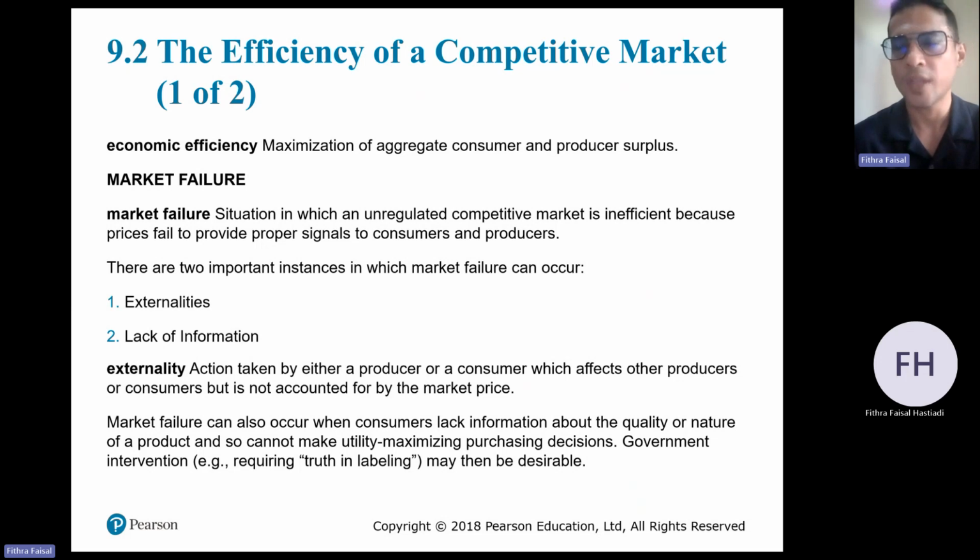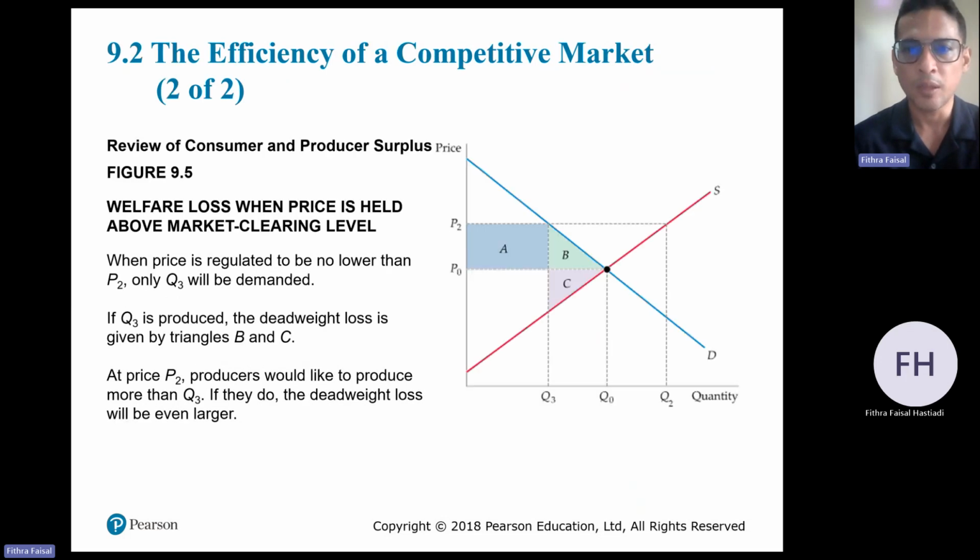So we have these negative externalities. We also have the lack of information that is consolidating the deadweight loss, becoming inefficient. So the market inefficiency comes from the deadweight loss.